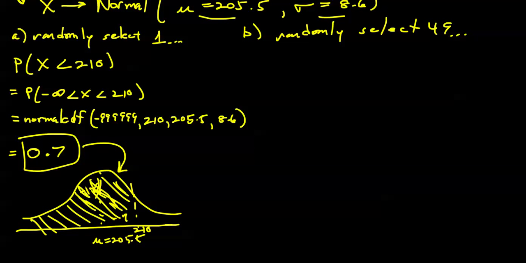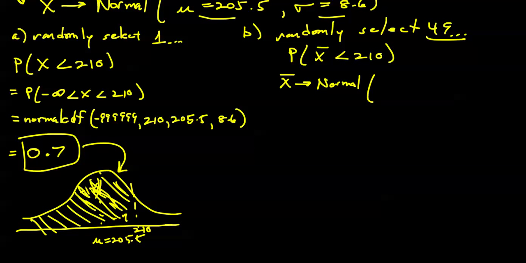What's changed here is part B. From this sample of size 49, I want the probability that this sample mean is less than 210. Now we've got to be a little bit careful here. X bar, by the central limit theorem, follows a normal distribution, with a narrower bell than seen in the original distribution.